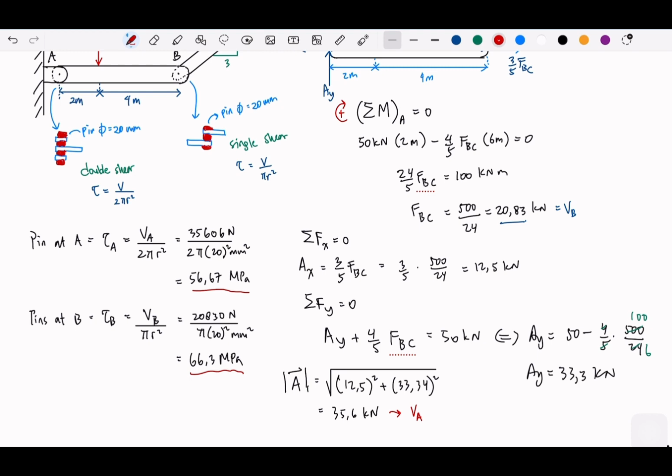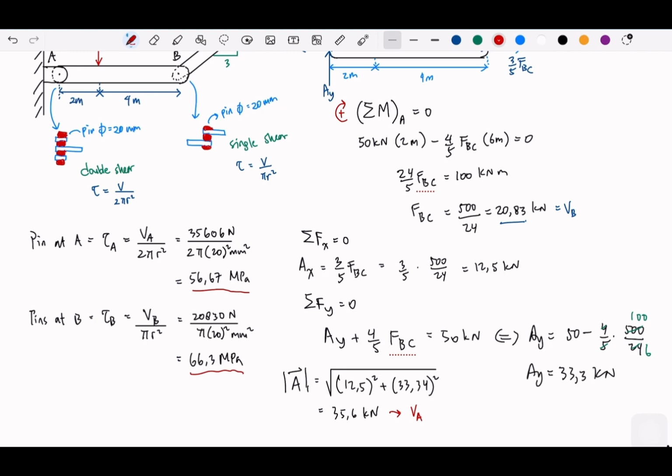Any questions about this? Basically, to get the shear force is getting all the forces that are accumulated on that point. We usually get them from the reaction forces, or if there are any external forces applied in the system, then we include those forces inside the value of the exerted force.